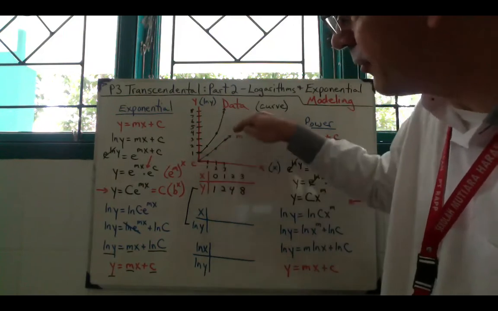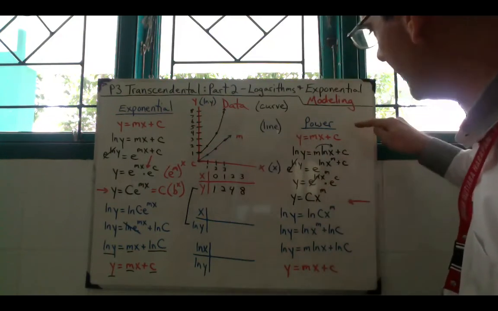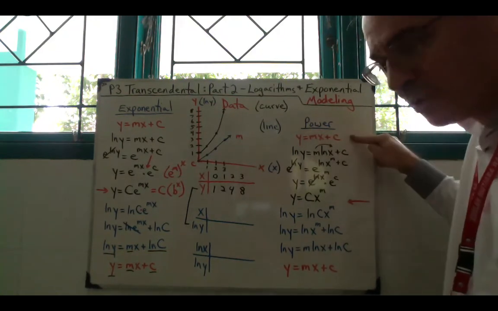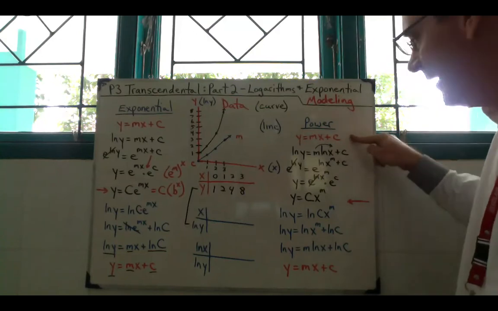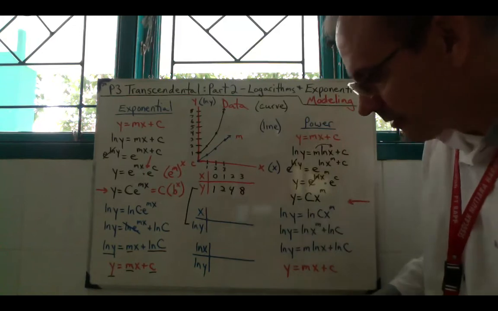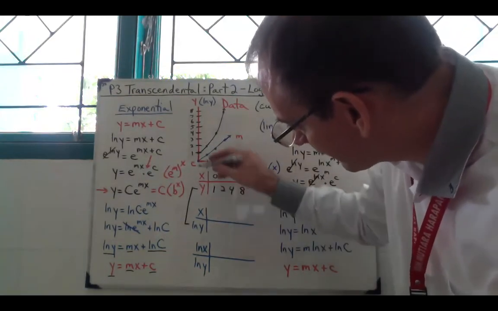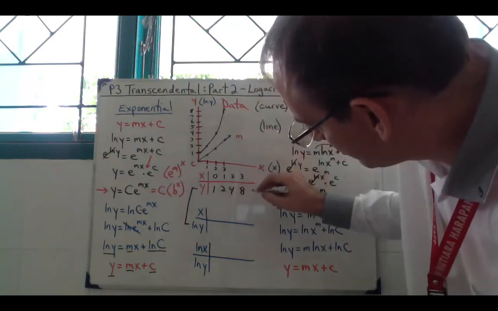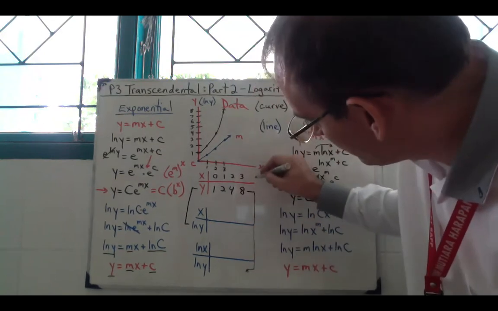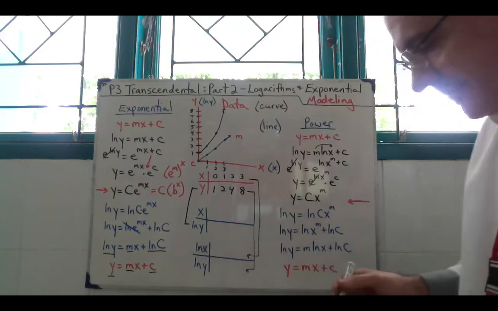And when you plot those, if that is what gives you a straight line, then you're going to follow this over here. So you still have your y equals mx plus c, except now we replace y with ln y, and we're replacing x with ln x.